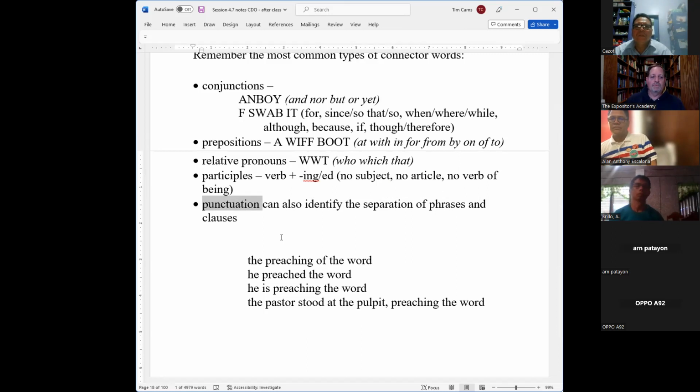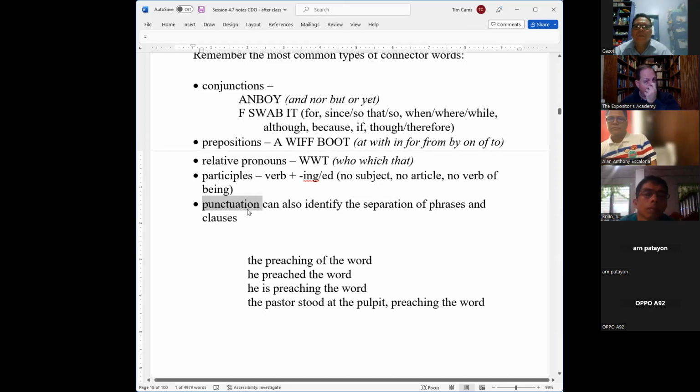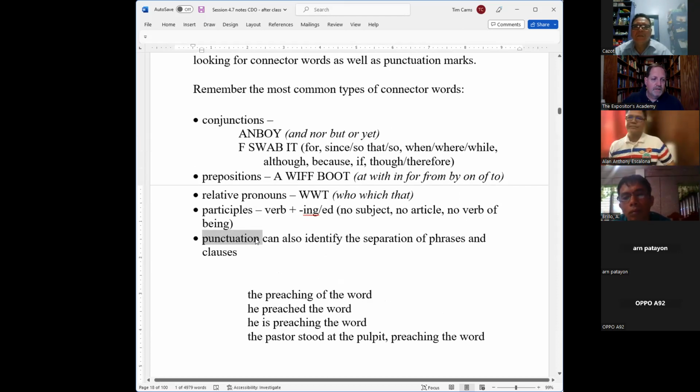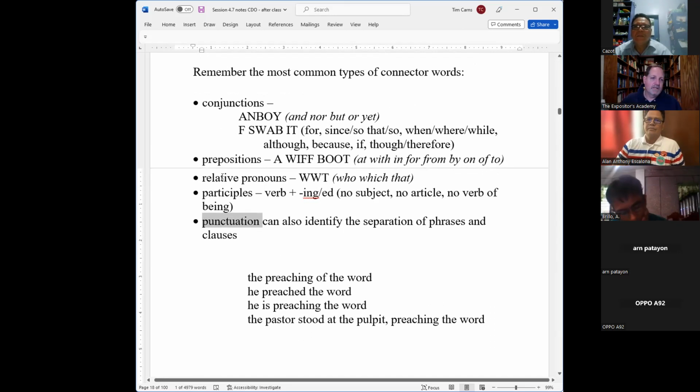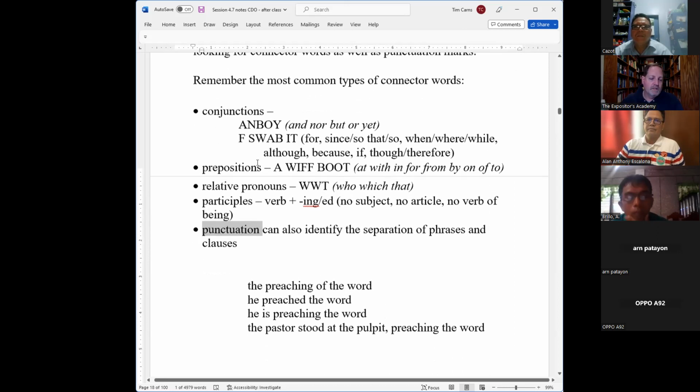So sometimes we won't see a connector word, but the translation will give us a punctuation mark that will help us. So those are the 5 things to look for to identify the remaining phrases and clauses.